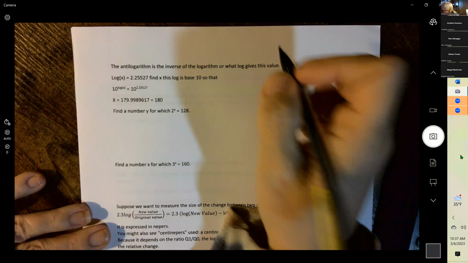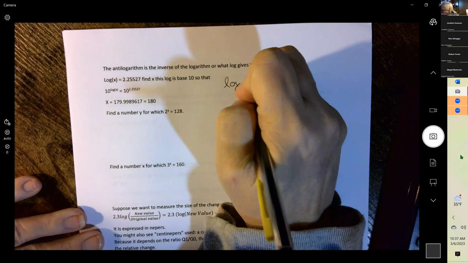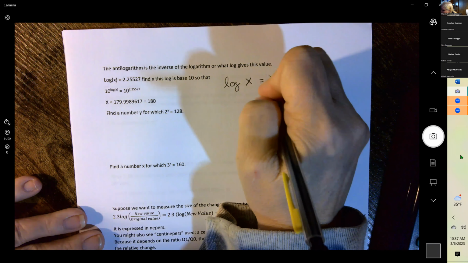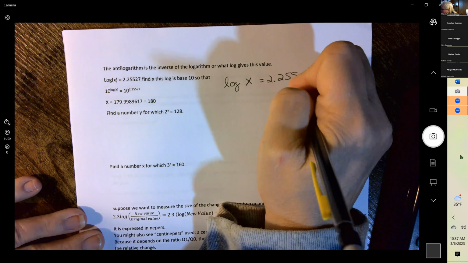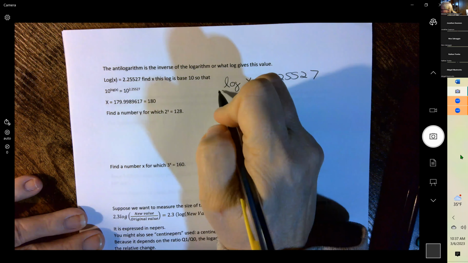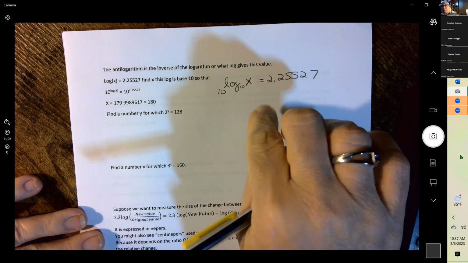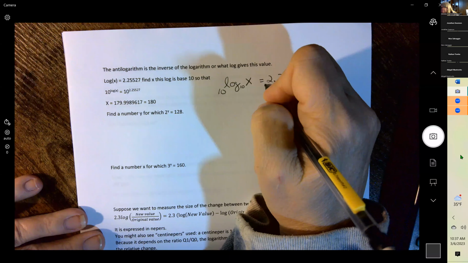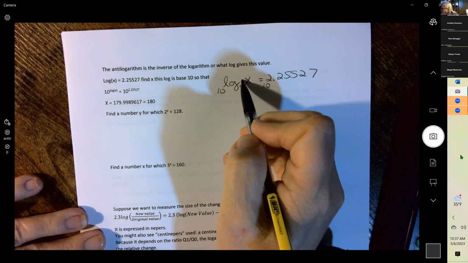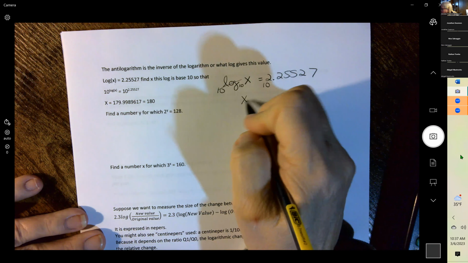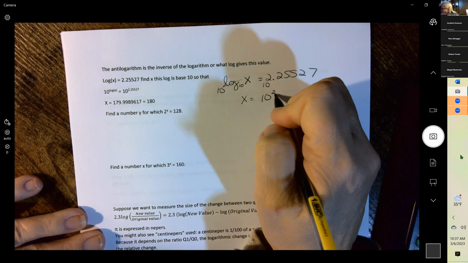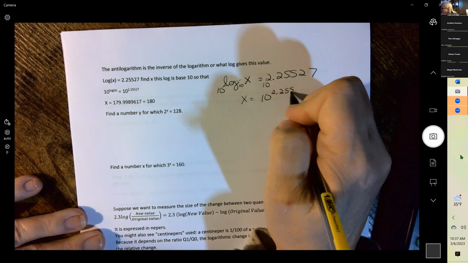I can take whatever the base is, when there's no base, it's a 10, and raise both sides to that power. These cancel and leave x. And then it's 10 to the 2.25527.